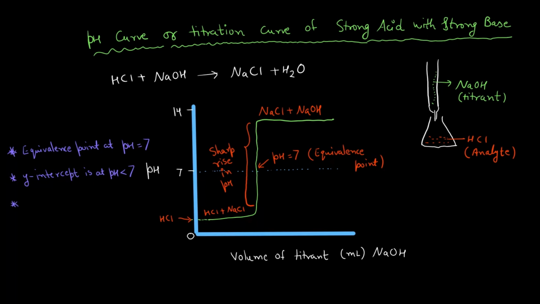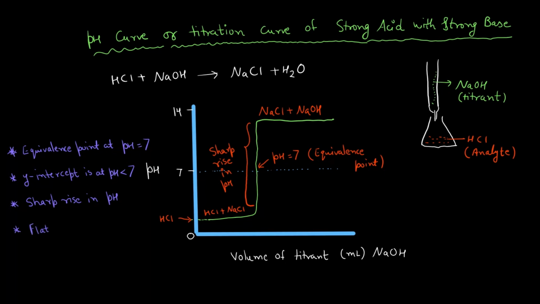Then we saw a sharp rise in pH. Then flattening of the curve. At the end of the titration we have the flattened line. We call it flattening of the curve.